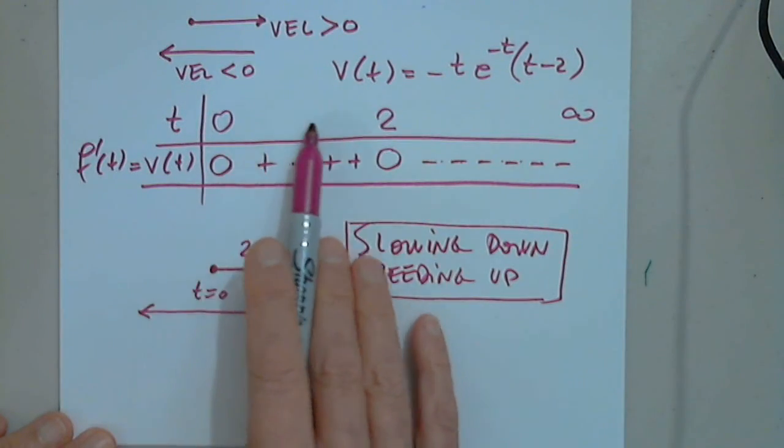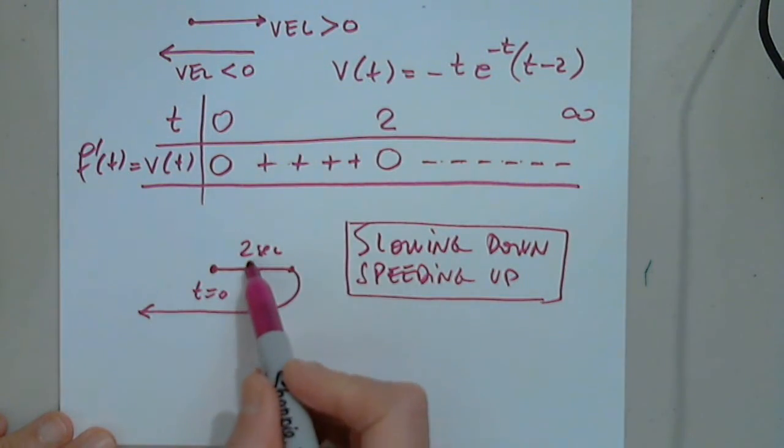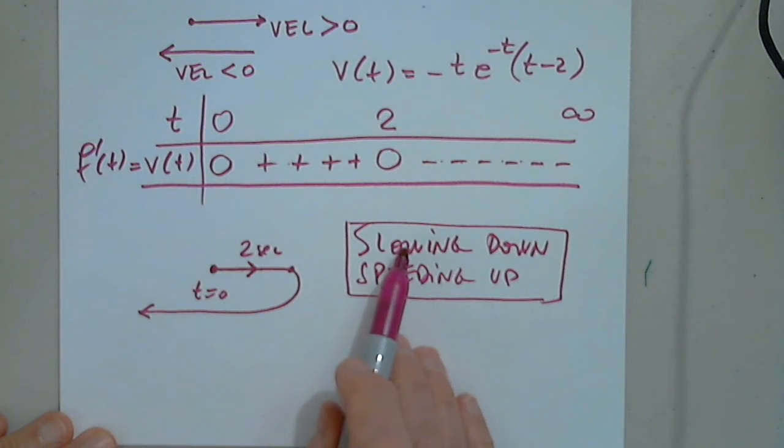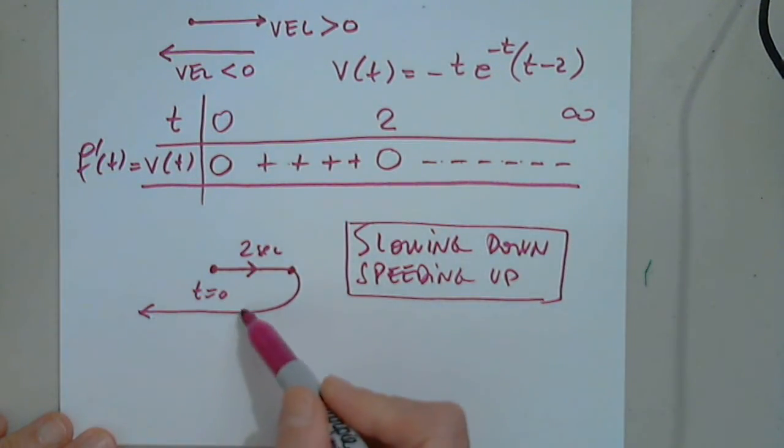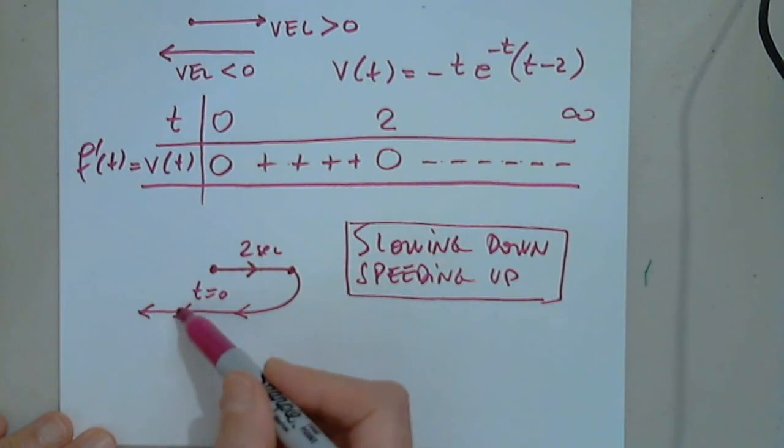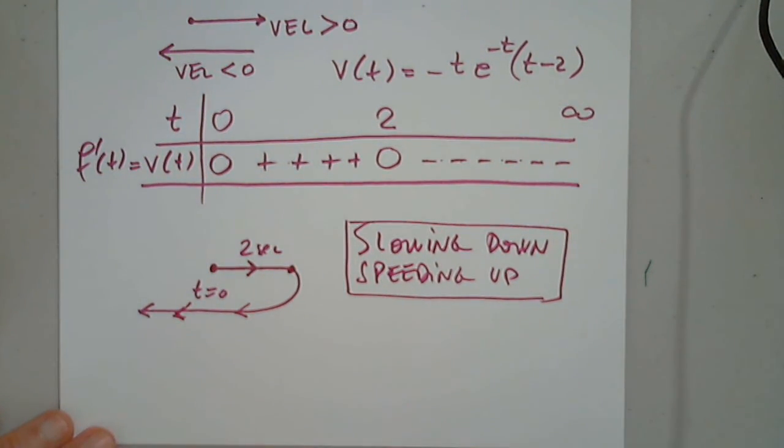So for the first 2 seconds, between 0 and 2, the particle moves from left to right, and then at this point, at 2 seconds, it turns around, and you will be forever going back. Not back in time, but back. Okay? Good.